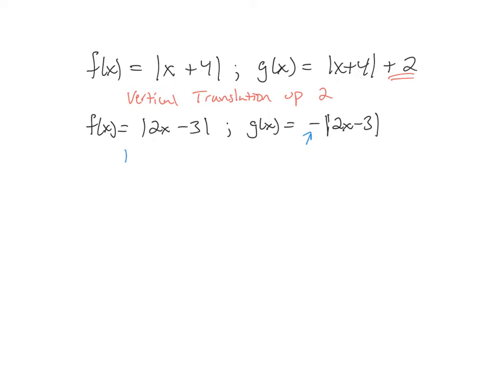So that would be a reflection over the x-axis. Okay, so if you go back, there isn't like a number there, but technically there's a 1, so that is a negative in the front.